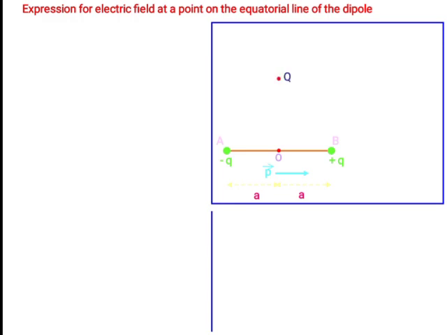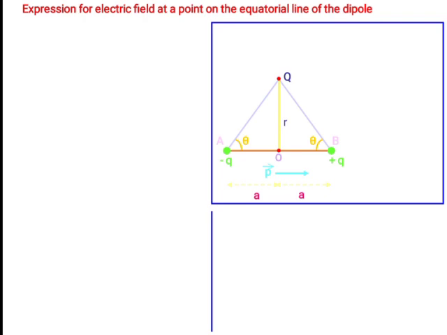Q is an imaginary point positive charge, where the magnitude is very negligible. OQ is an imaginary line perpendicular to and passing through the dipole AB, that is called the equatorial line, and the distance of OQ is R.